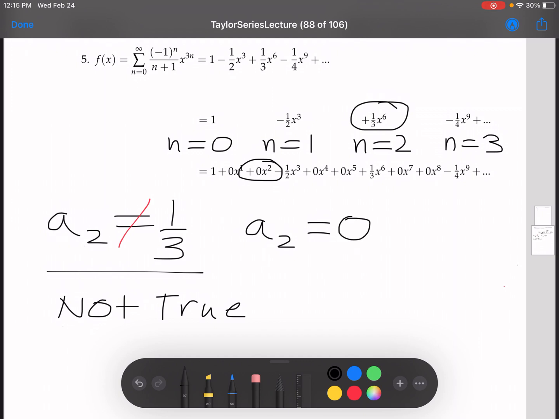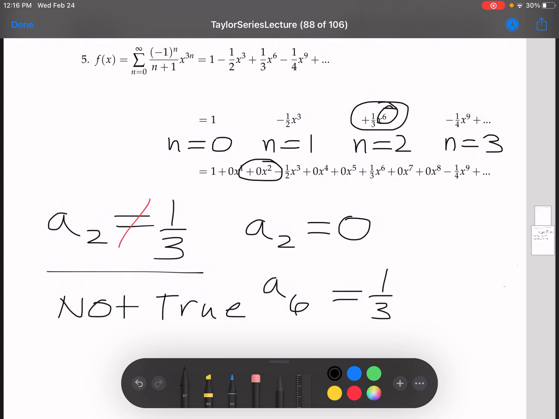So a2 is 0. So what is it that gives you 1/3? This is the number that goes with x to the 6th. So this is a6. a6 is 1/3.